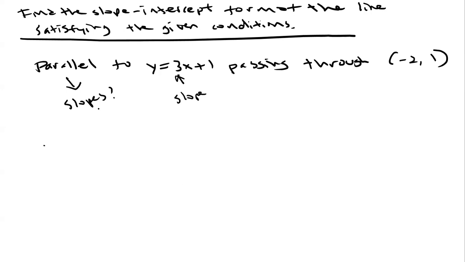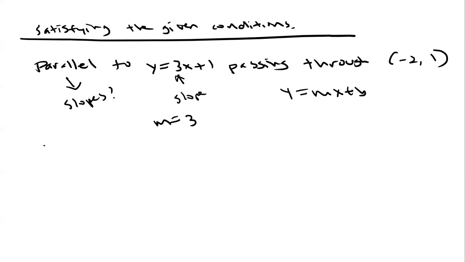So we're going to write m is equal to 3, and we want it to go through the point -2, 1. Well, we need to write our equation, y is equal to mx plus b.